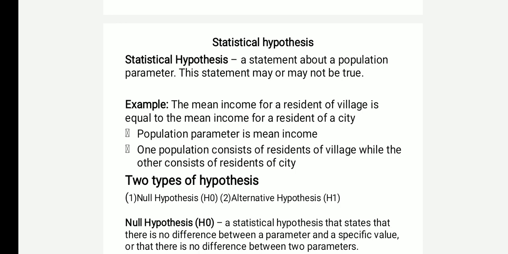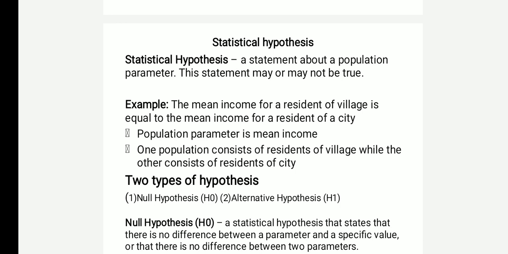Then they will test that. First they make a statement, then with statistical inference they conduct a test of the actual life of the tire. That statement is called a statistical hypothesis.